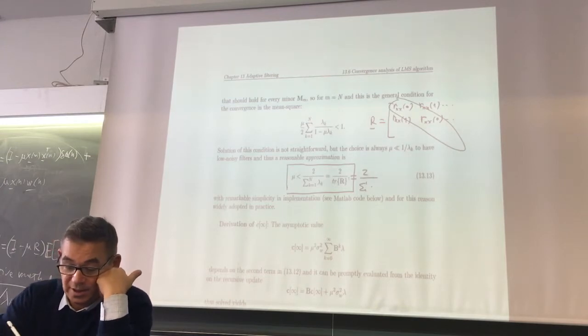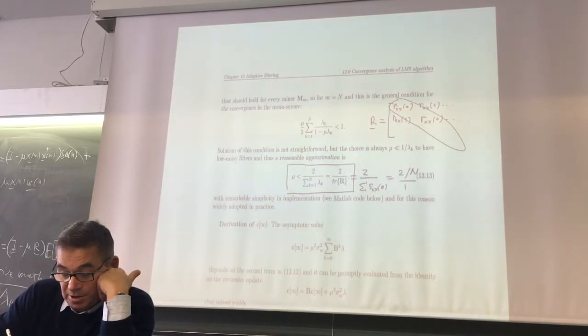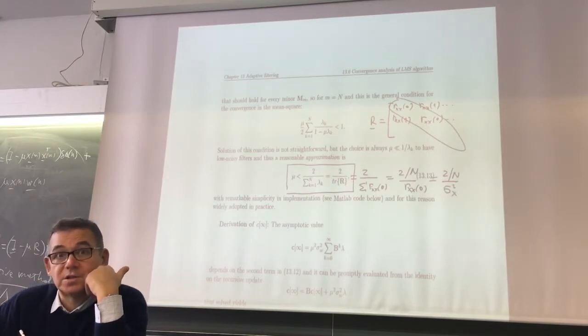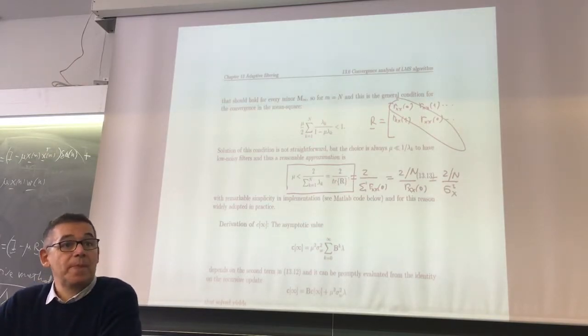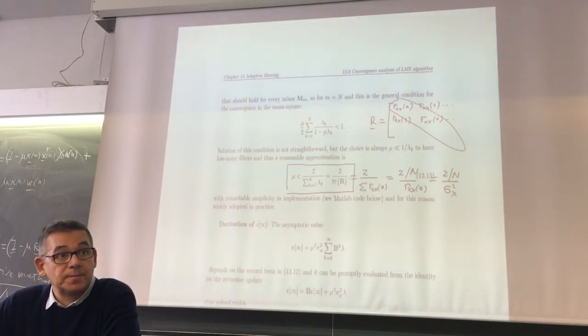So this is the sum of Rxx0, which is 2 divided by n times Rxx0. But this is equal to 2 divided by n sigma square x. So it depends on the power of x. But that is easy to compute. It's straightforward to put inside. That's how this is done.